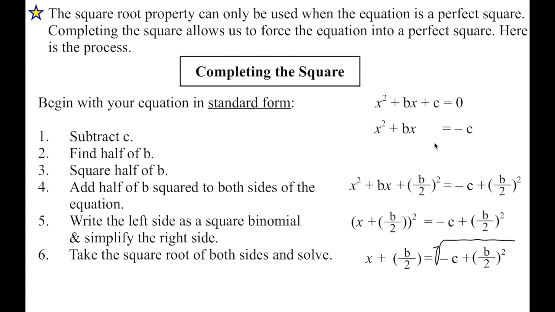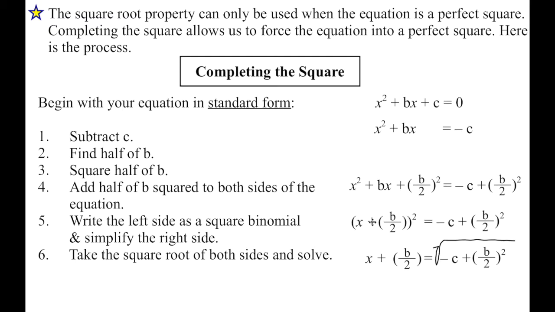Right in here we're going to drop this b over 2, the quantity squared, and we're going to add it to both sides of the equation so that we're not changing the value of the equation. Then this trinomial on the left is a perfect square. And it factors, you take the square root of this term and the square root of this term, which is b over 2, and you can write it in parentheses squared, and whatever sign is right here is the sign that's right here.